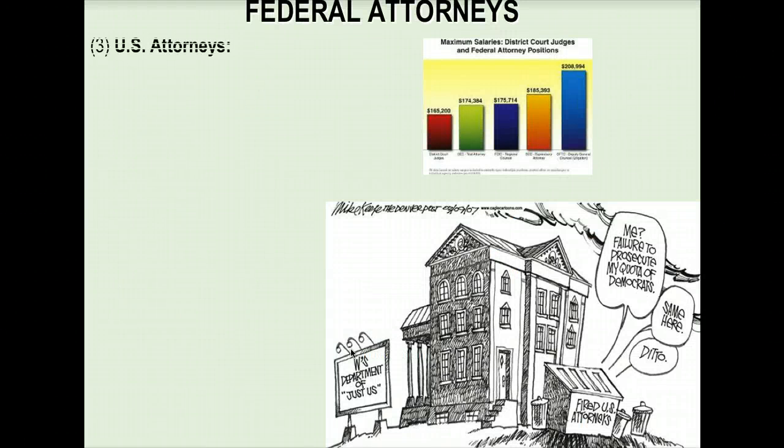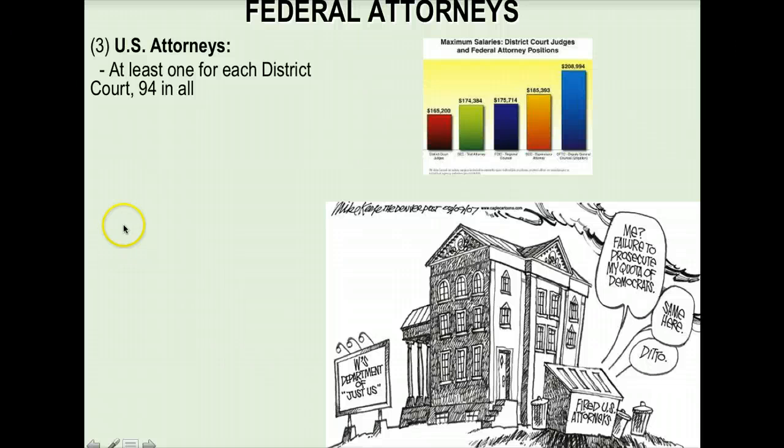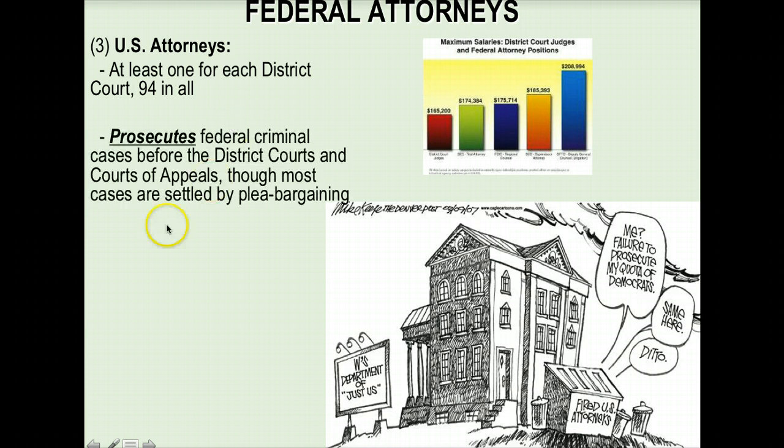The last set here are the U.S. attorneys. Remember, we have 94 district courts, and in each of those districts, you need prosecutors, district attorneys, or in this case, U.S. attorneys. These are people who are responsible for prosecuting the criminal cases before each of those 94 district courts and the courts of appeal, even though, as we said, 95% of the cases are done through plea bargaining.